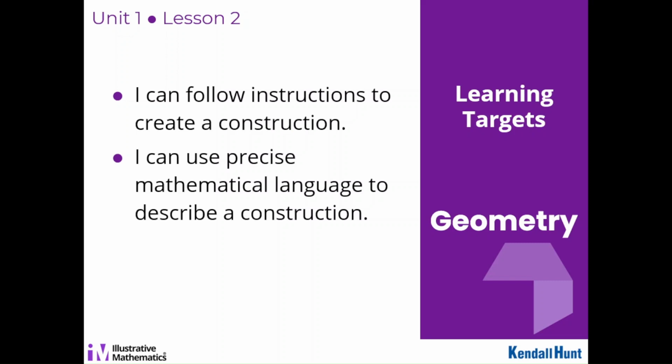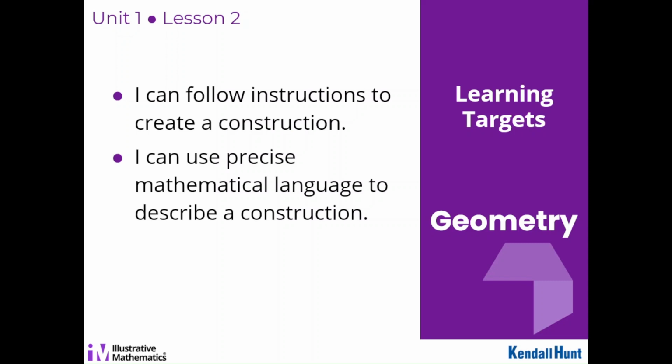Learning target number 2 says that you can use precise mathematical language to describe a construction. And that would be what we were doing in the first practice problem. You want to be sure that you can refer to the center of a circle.